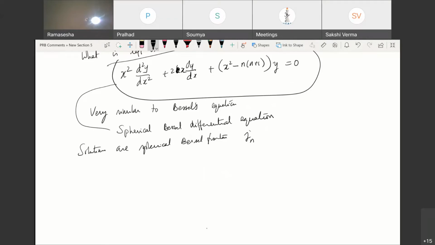And the form of j_n of x is the following. j_n of x is the usual Bessel function, so j_n will be actually square root of pi by 2x times J.